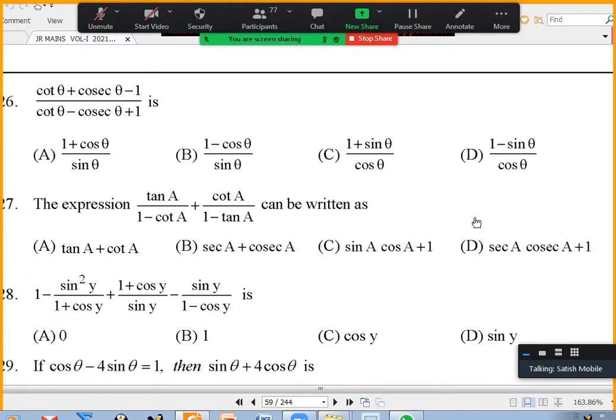Okay. Anybody want to tell me some easy method for 26? Sir, we can write 1 as cosecant square theta minus cot square theta, sir. In the numerator, yes. Yeah, that's good. Somebody can write cot as cos by sin, do something. But out of all that, I think that this way it will come easier.